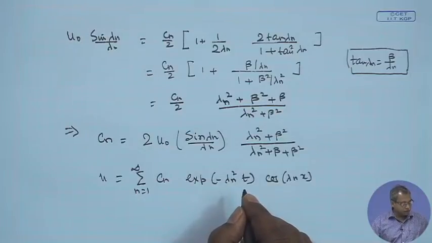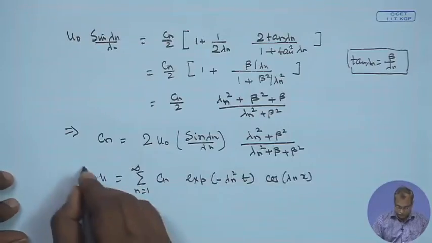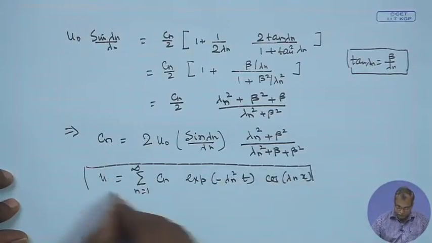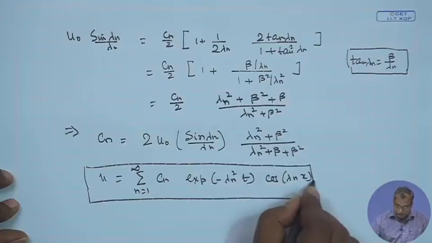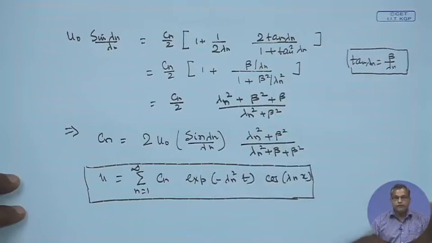Now let us look into some more problems. It is what we can call a fourth kind of boundary condition, where the boundary at x is equal to 0 is Neumann, and the boundary at x is equal to 1 is a Robin mixed.